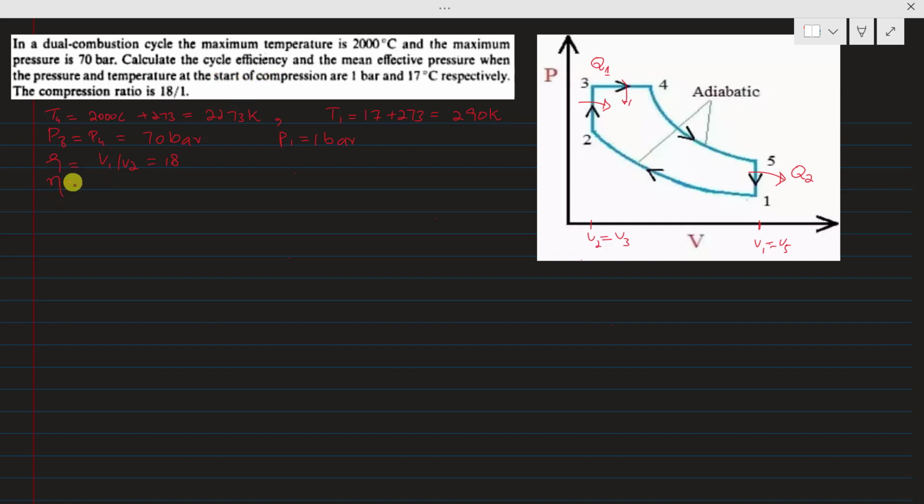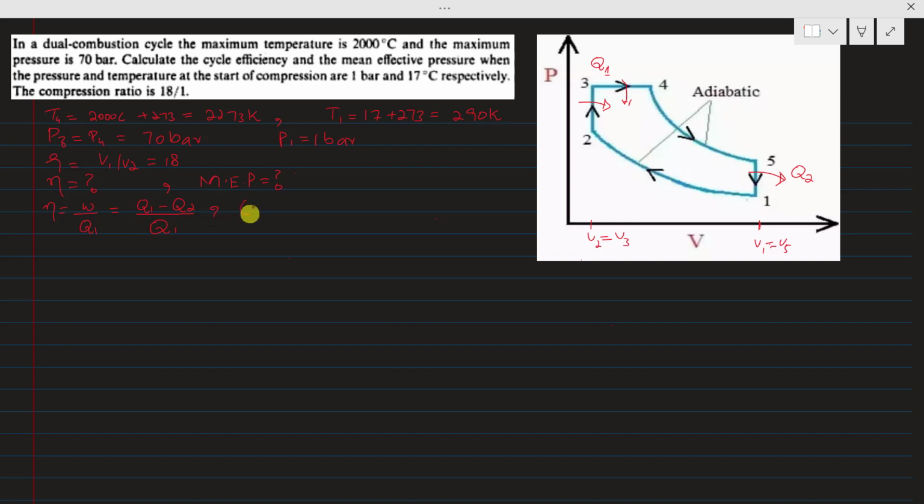Next, what we need to calculate is the cycle efficiency and the mean effective pressure. In order to find these, let me first write the formula for the efficiency. It is equal to the net work output to the heat supplied, and the net work output is equal to heat supplied minus heat rejected, divided by heat supplied.